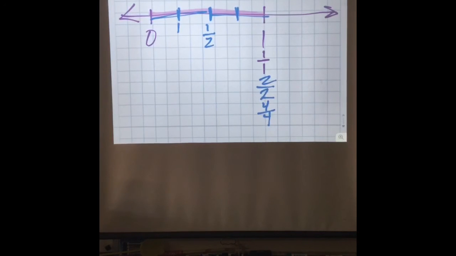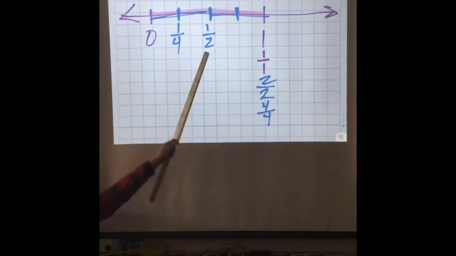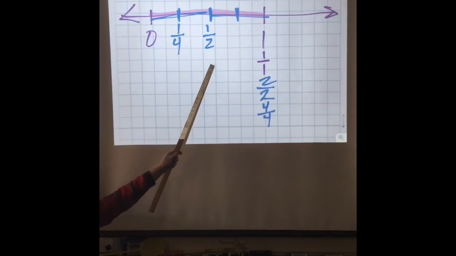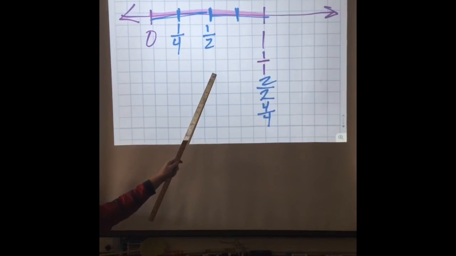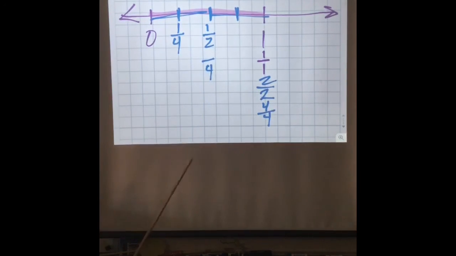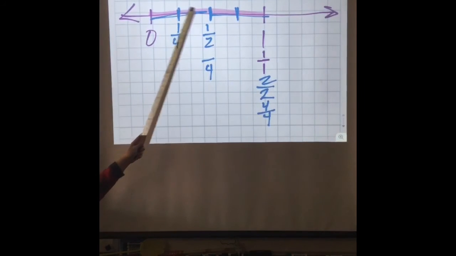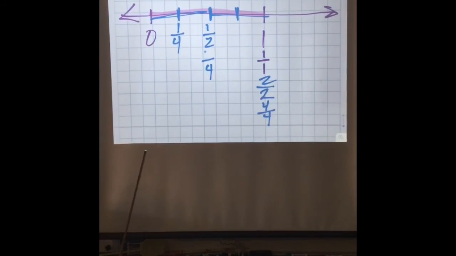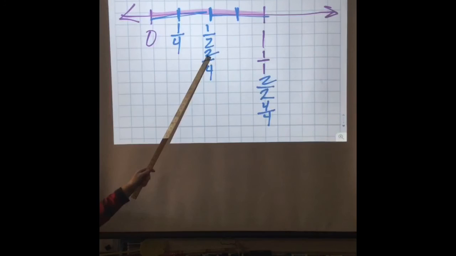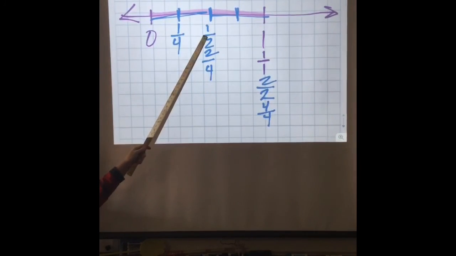What's this one right here? 1 quarter, aka 1/4. What's this one? I know it's a half, but what is it when you have a 4 on the bottom? 2/4. Well, let's count over. 1, 2. Is 2 half of 4? Yes. So that's why it's a half.